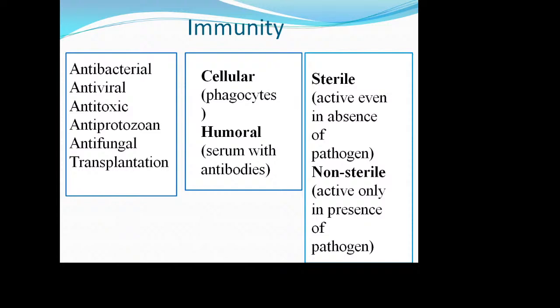In other words, it's similar to natural active immunity. After disease, the patient has lifelong immunity. We discussed it in microbiology. Examples of sterile immunity: diphtheria, whooping cough, scarlet fever.